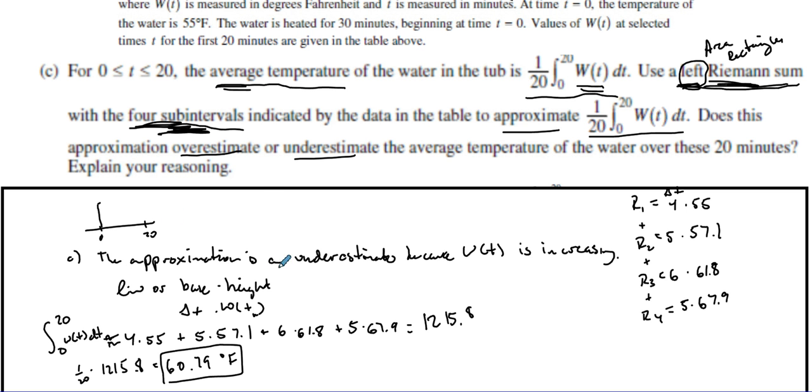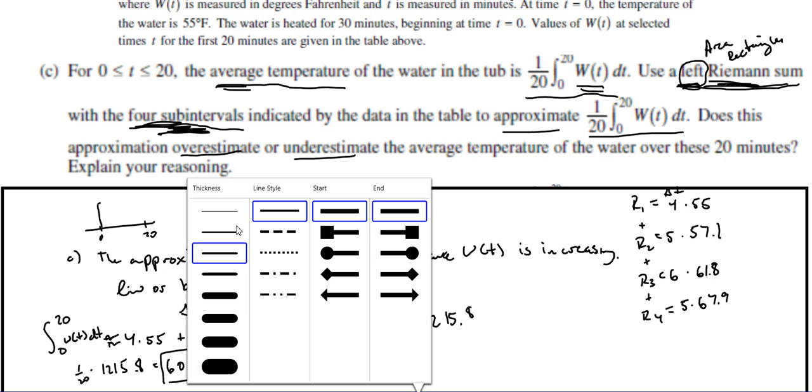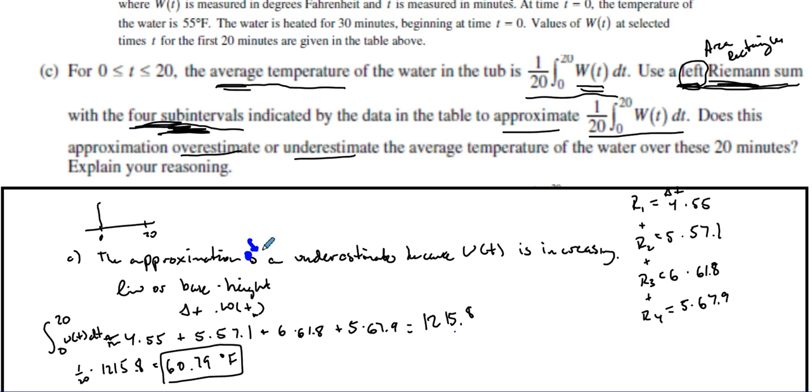We say the approximation of 60.79 degrees Fahrenheit is an underestimate because W(t) is increasing on the interval from 0 to 20 minutes. And there we go, and that's our answer.